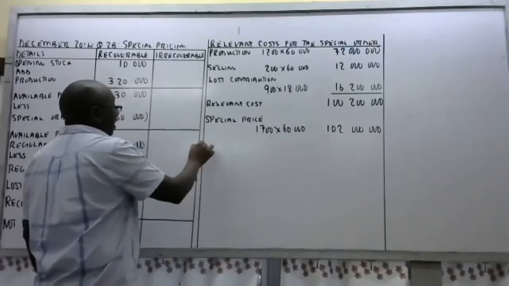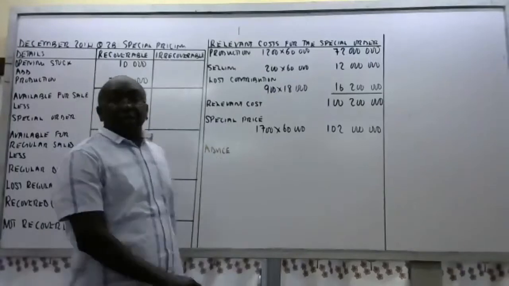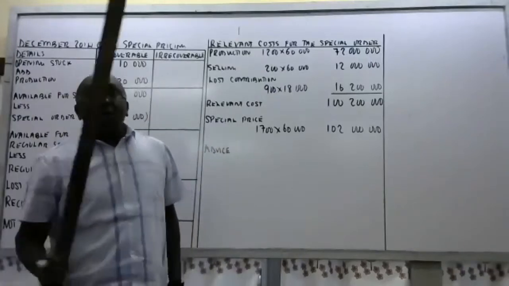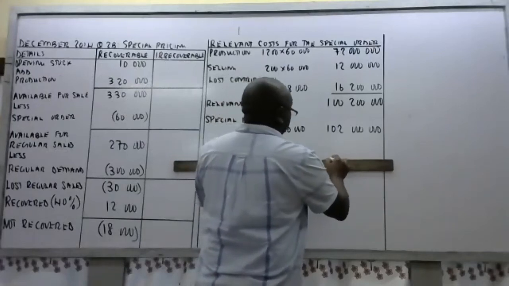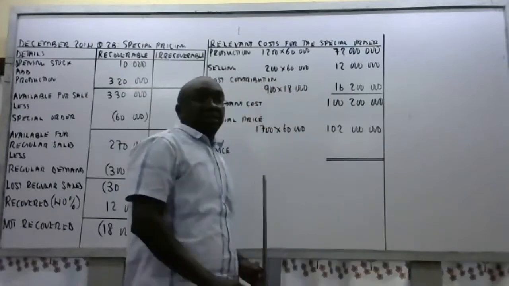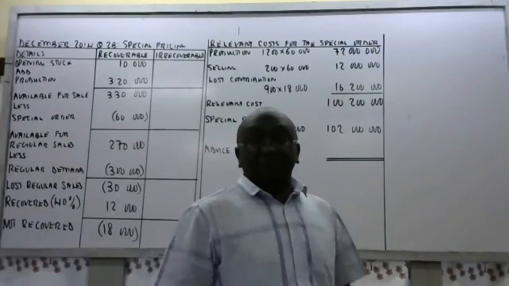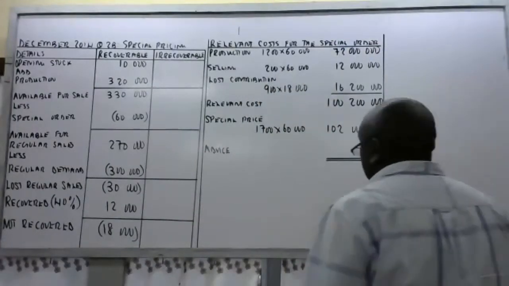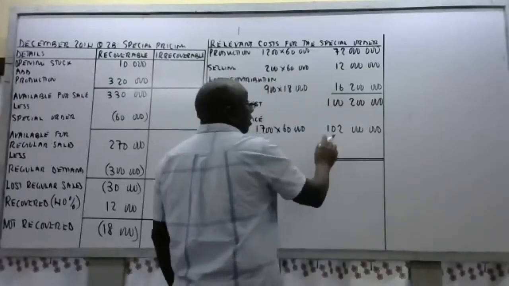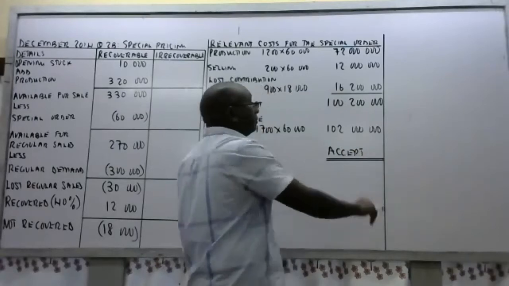So what is the advice that you will give? Are we going to tell them to reject the offer or to accept the offer? Yeah, good. We should tell them to accept because they will get more than what they are incurring.